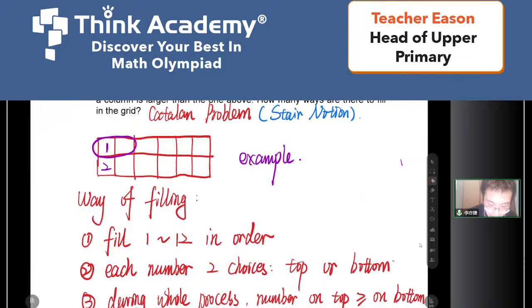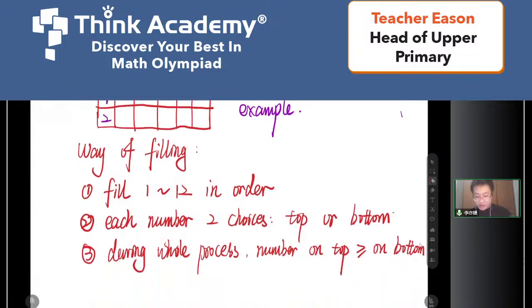Which means if the bottom exceeds the top, there will always be 1 grid where we have a larger number on top than on bottom, right? So during the whole process, we must make sure the numbers on top are always no smaller than the numbers on bottom.